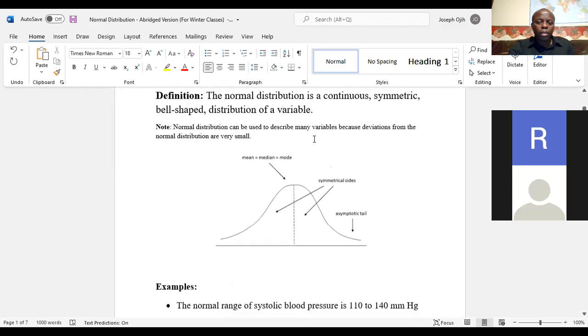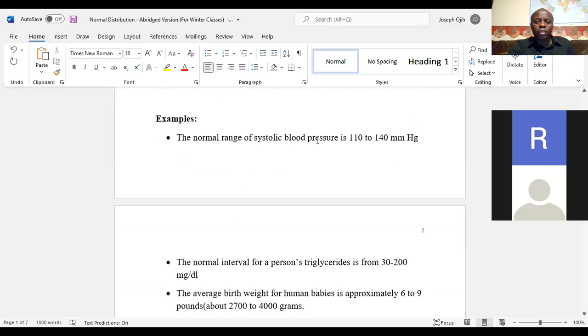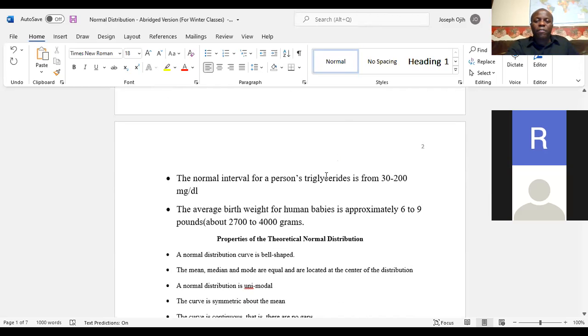Okay. Now let's look at examples. The normal range of the systolic blood pressure is 110 to 140 millimeters of mercury. Anybody who has something bigger than this, there's a problem, or lower than this, there's a problem. We have a normal interval for a person's triglycerides from 30 milligrams per deciliter to 200 milligrams per deciliter. Above this, there's a problem. Not really a problem, but it's not normal.